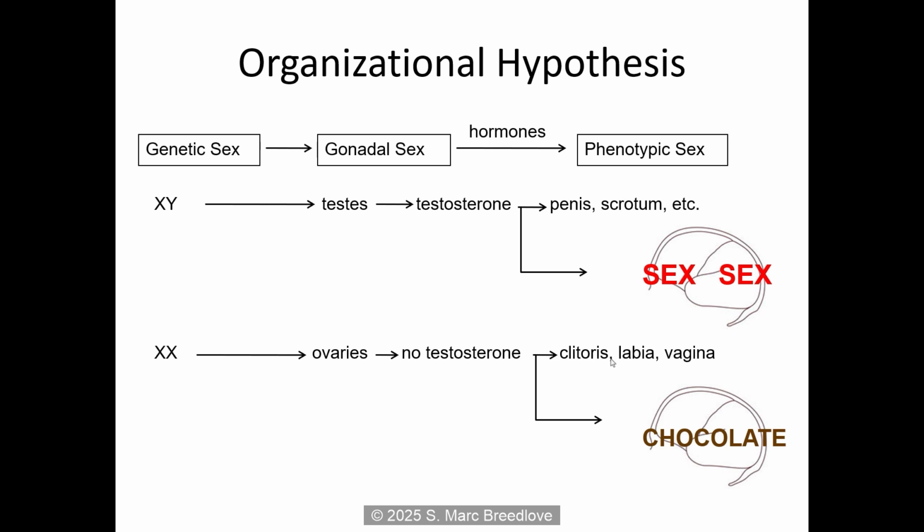Another way to phrase the organizational hypothesis is that exposure to androgens early in life primes the brain to respond to androgen in adulthood, to activate masculine behavior, and to not respond to ovarian hormones in adulthood. Whereas in the absence of testosterone early in life, the brain is not primed as an adult to respond to testosterone much, but is ready to respond to ovarian steroids.